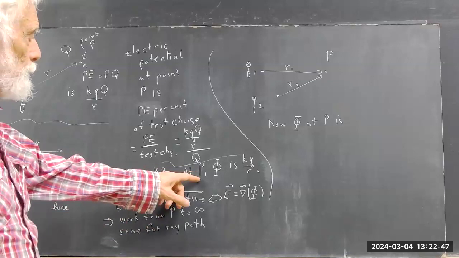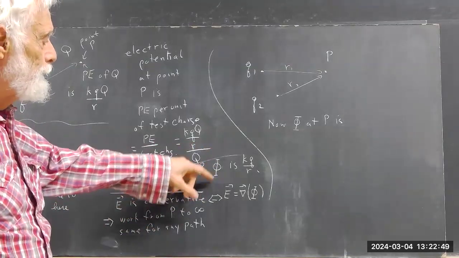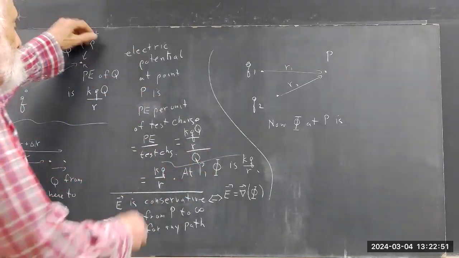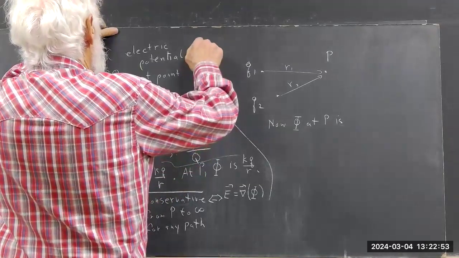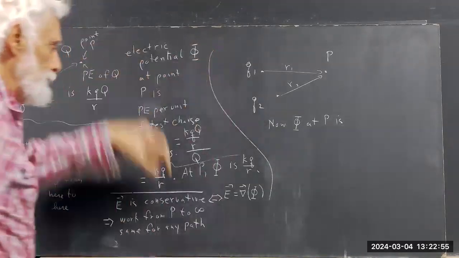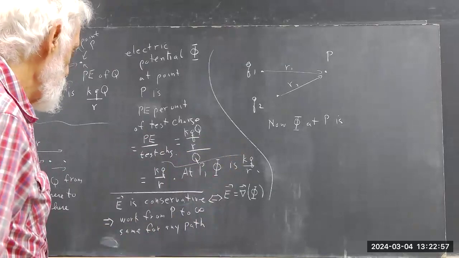At the point P, the electrostatic potential, which I'll call phi, is kQ over r.